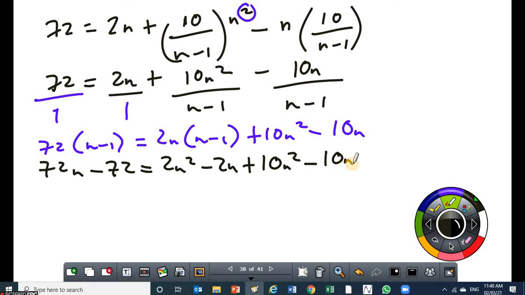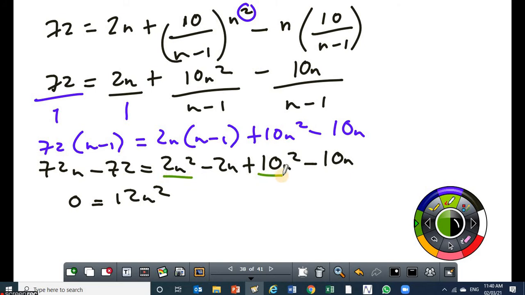So we are going to end up having a quadratic equation, and we have to solve it. I've got 2n squared on the right and another 10n squared. So I can say 0 is equal to, I'll take these two terms to the right, I'll get 12n squared. I added these two first.